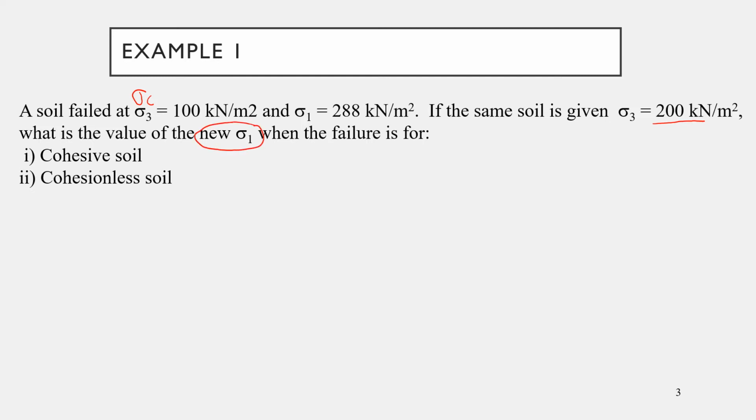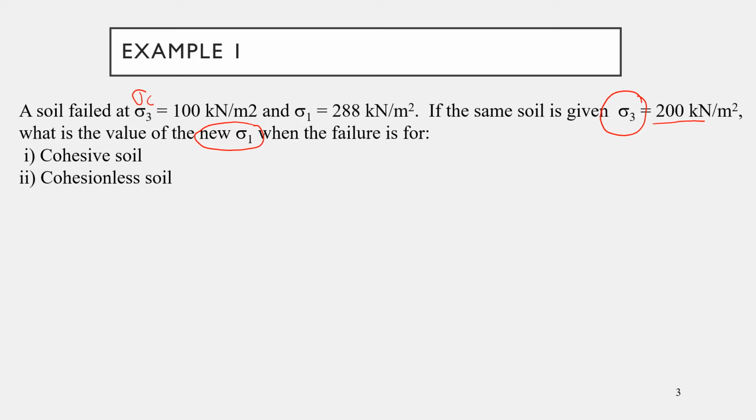You are referring to the specimen with 200 kilonewton per meter square when failure occurs, first if the soil is cohesive soil, and second if the soil is cohesionless soil. So you need to provide two sigma 1 values, one for cohesive soil and another for cohesionless soil.